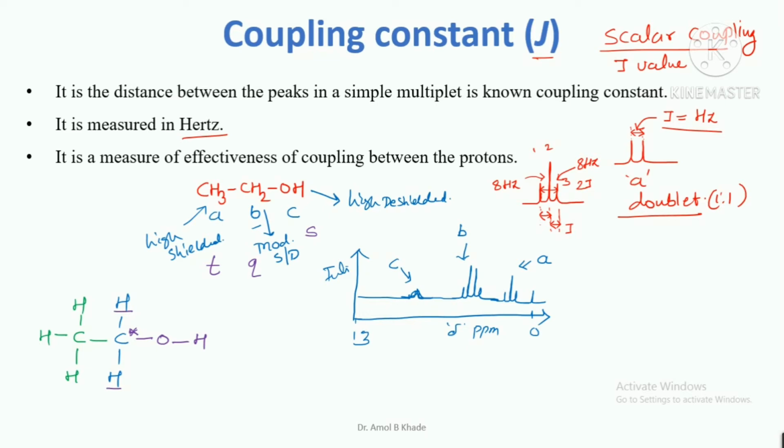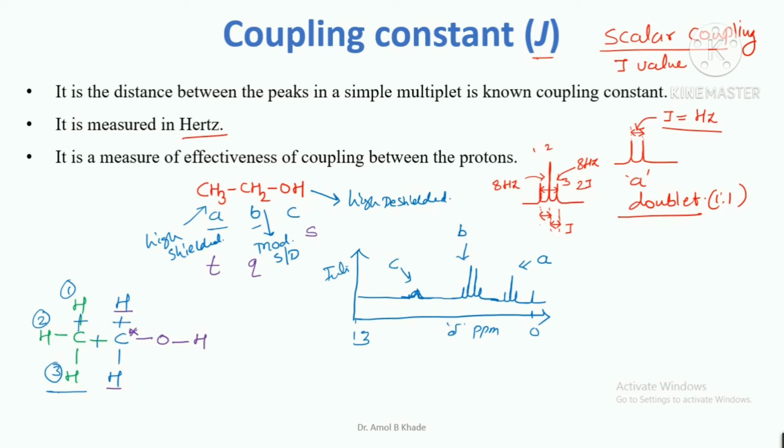Now again coming back to our concept of coupling constant. What is happening here when we talk about set A? In this set A, let's say I consider this as proton 1, proton 2, and proton 3 here. Proton 1 is getting coupled with this proton through the bonds: 1 bond, 2 bond, and 3 bond.